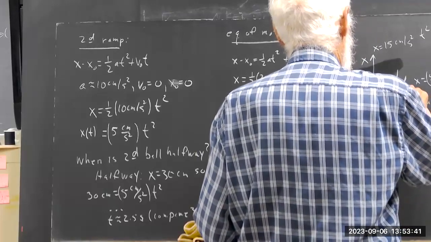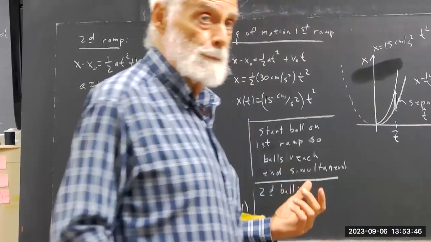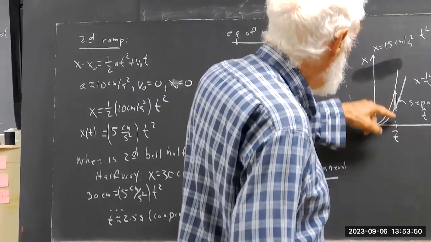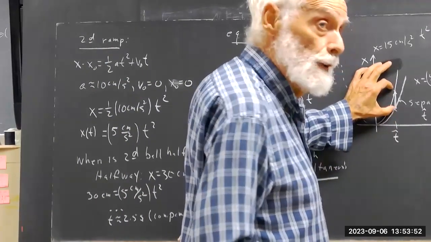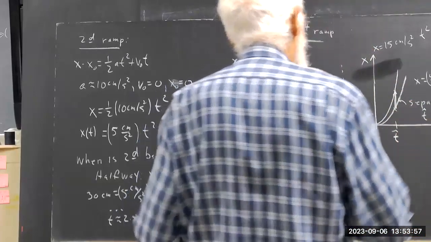And this arrow here represents the separation at T half. Does that make sense? Because at the same time, this ball is going this far, this ball is going this far, so the difference is this. That's how far apart they are. Okay.